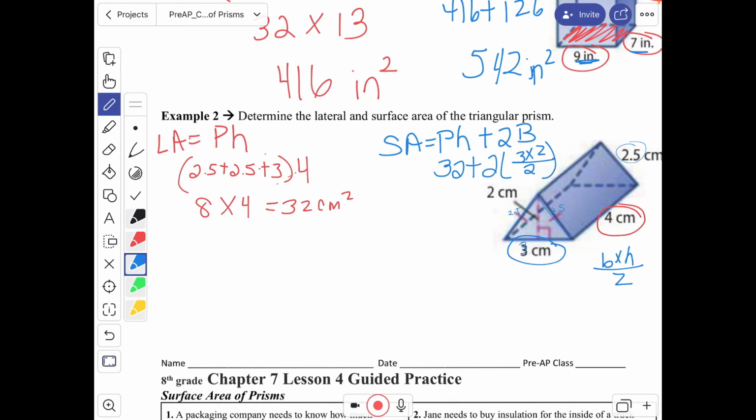So 3 times 2 is 6. 6 divided by 2 is 3. Then 3 times 2 is 6. Plus that 32. And 32 plus 6 makes 38 centimeters squared, or square centimeters.